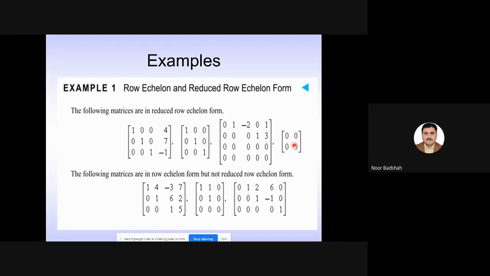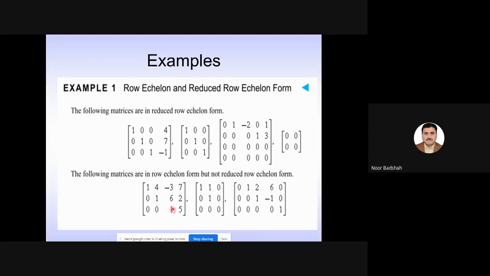Whereas these matrices are in echelon form, but they are not in reduced echelon form. The reason is what? There is no zero row, so it doesn't matter. The pivots are lying to the right. Okay. Whereas you see, pivots are 1 as well. So 3 conditions are satisfied. Now you see, this column contains a pivot. This is the pivot, if you see, and these two are not 0.